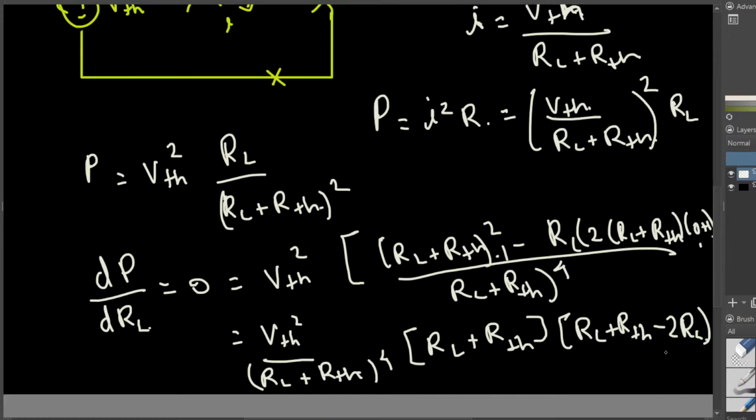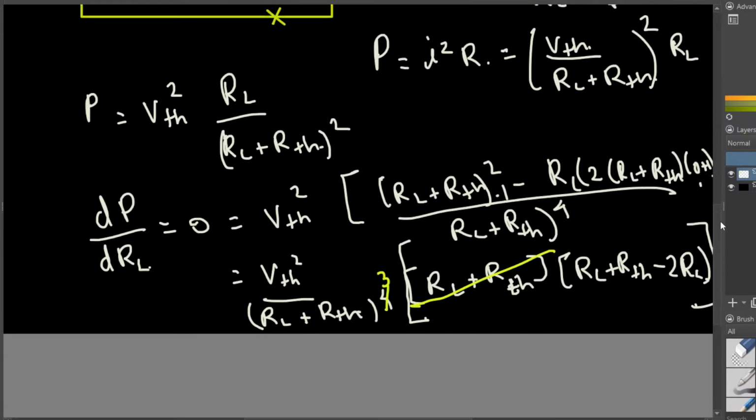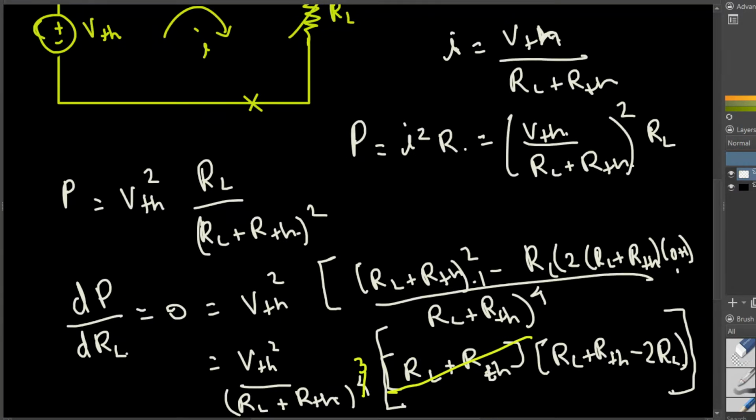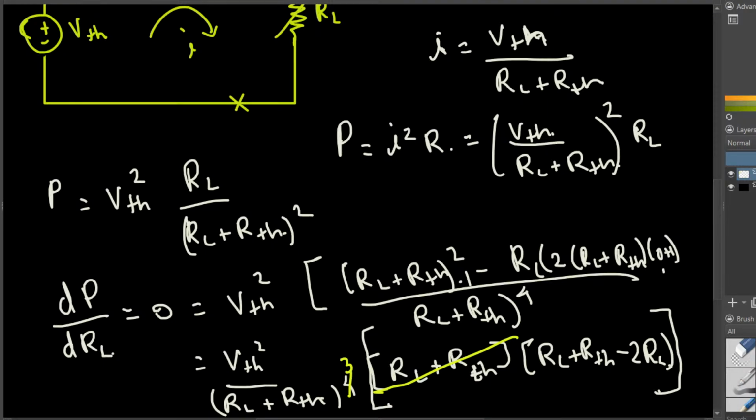If you notice here, we can cancel this RL plus R Thevenin to the power 1 with this one. Let me put another bracket so it will be clear. Here I'm going to cancel this one. This is going to be power 3, and I cancel this whole thing. So this is the only one left: V Thevenin squared divided by (RL plus R Thevenin) cubed. Let me copy this to the next page. I'll create another page.